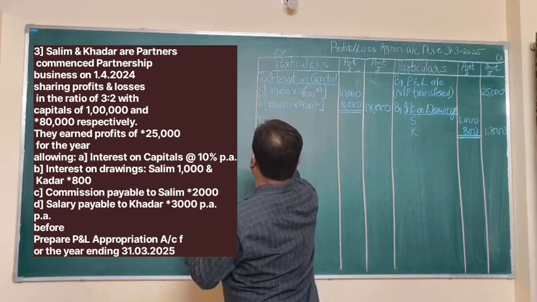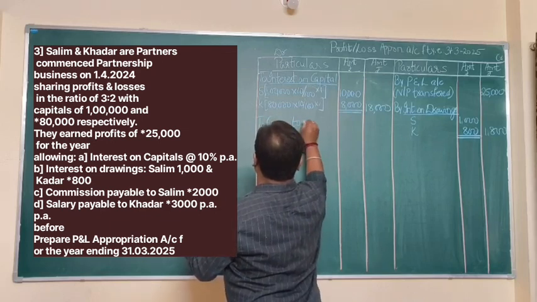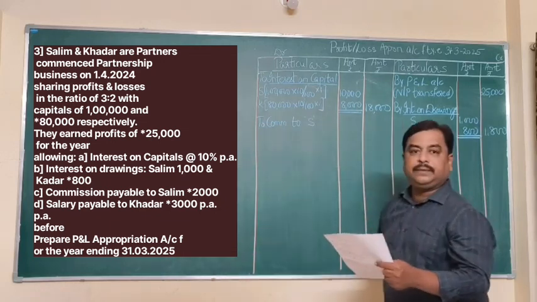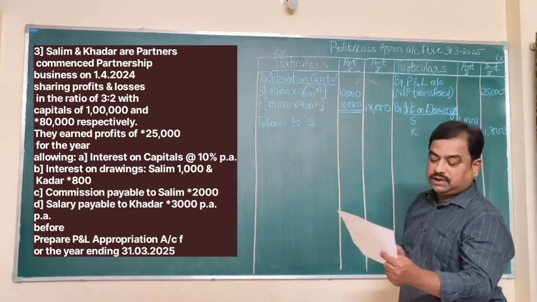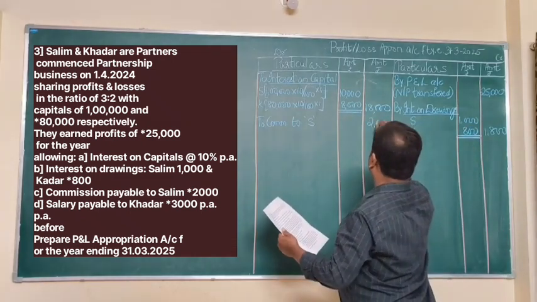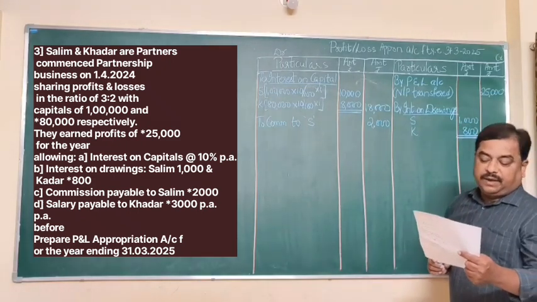Third adjustment, commission payable to Salim. To commission, to whom? To Salim. How much is commission payable to Salim? 2,000 per annum, directly given yearly. So I will write 2,000 rupees in the outer column. Salary payable to Kader.